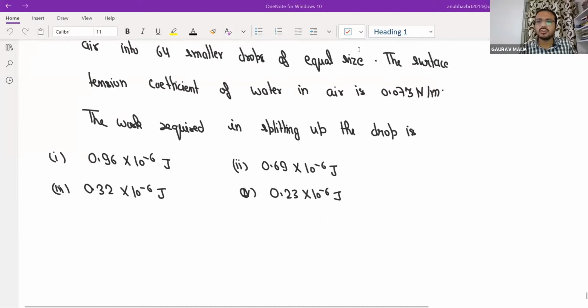Second option, second option, first option, first option, first option, second option. The second option is the correct one. Very nice. The students who got the second option, correct. Second is the correct answer of this one.